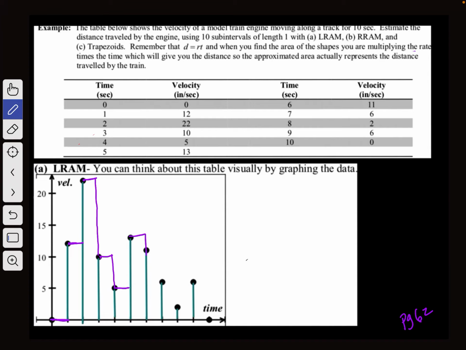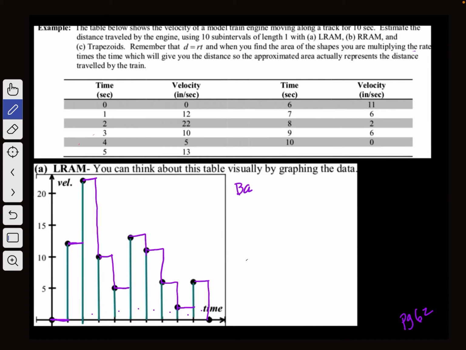Fifth rectangle, 5. 13, 11, 6, 2, and our last rectangle, 6. Okay, and so 1, 2, 3, 4, 5, 6, 7, 8, 9, 10. There's our 10 rectangles. And so find the area of each of the rectangles.